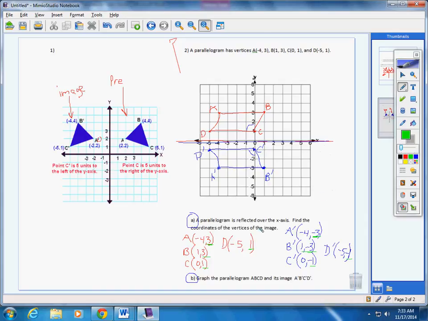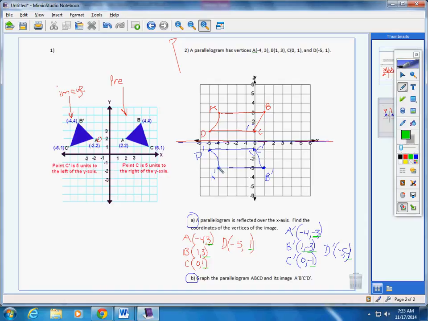If you're asked to reflect a figure over the x-axis, you can do it in one of two ways. You can either count the number of spaces from the original point to the line of symmetry, and then count the same number of points in the opposite direction and plot your new point.